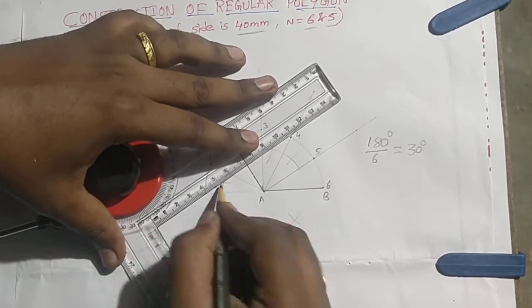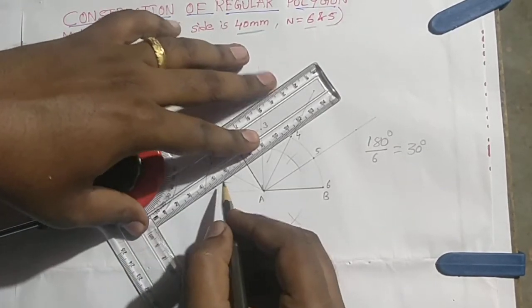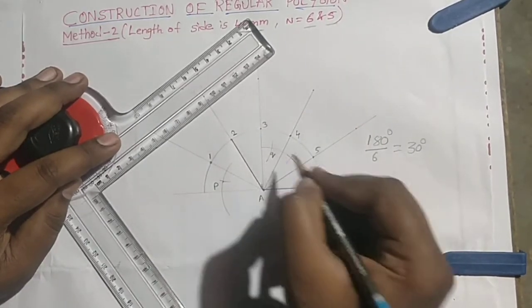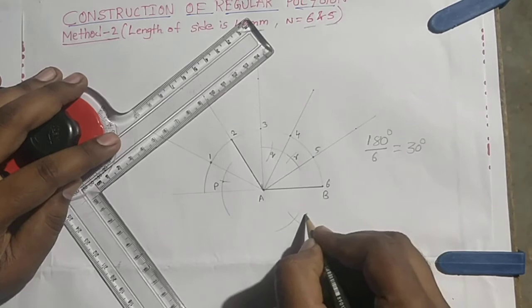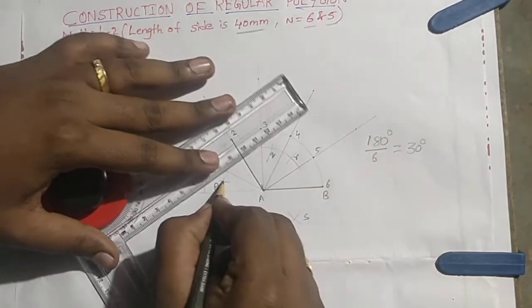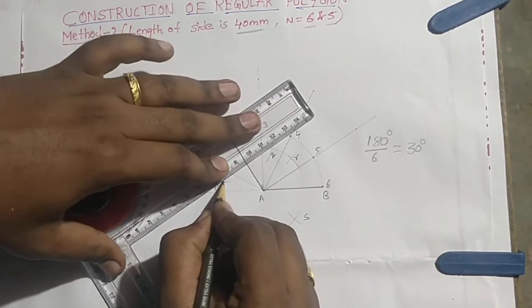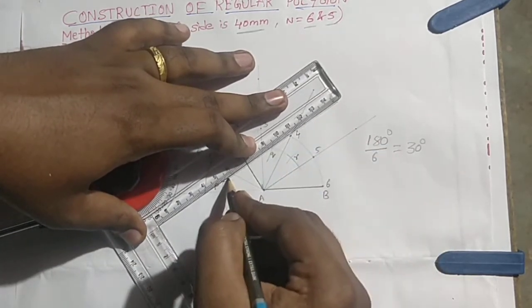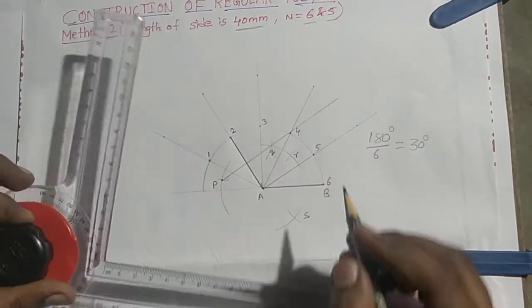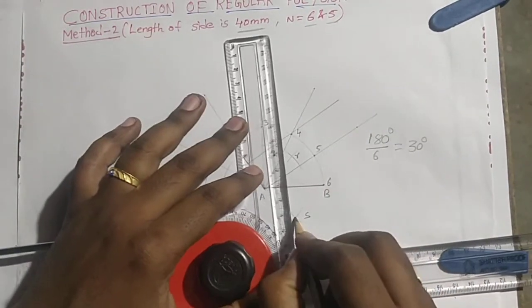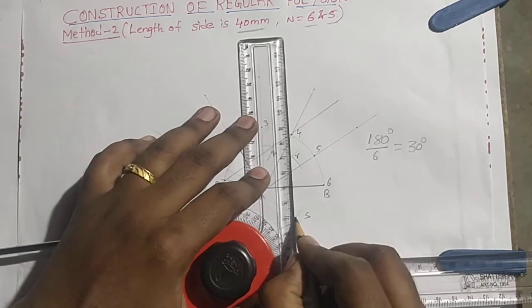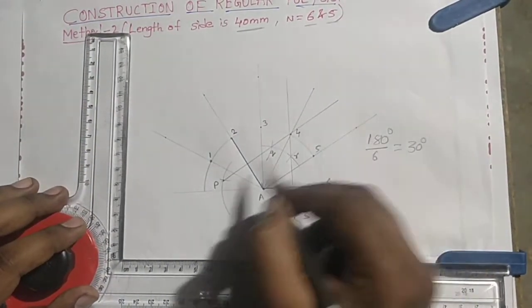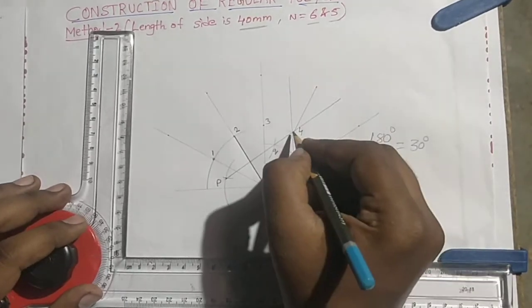I am joining, suppose I am taking the points P, Q, R, S. Join P and Q. Next, similarly, join R and S. These two bisection lines intersect at one point.